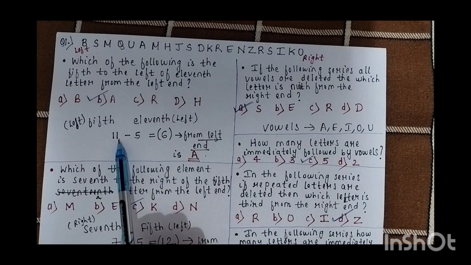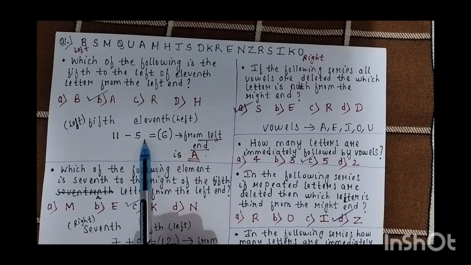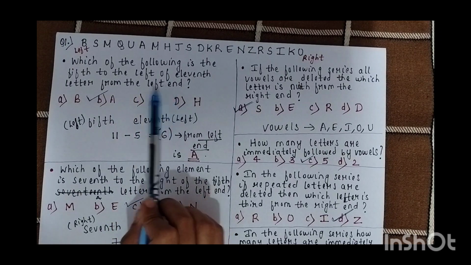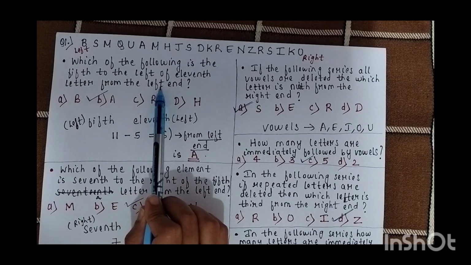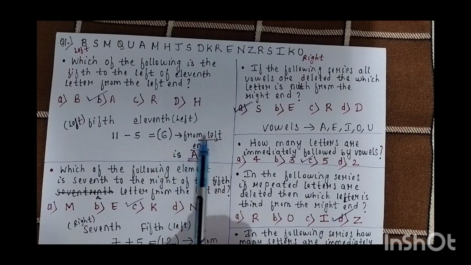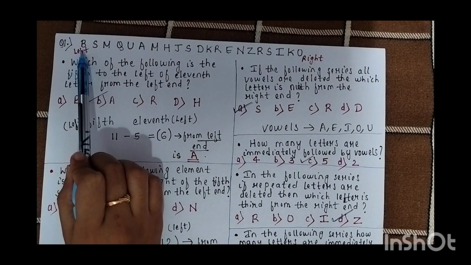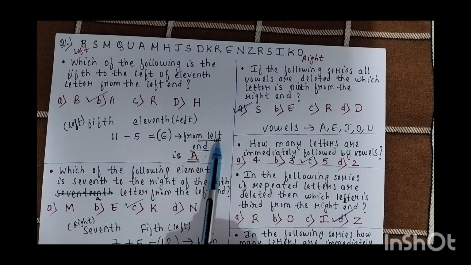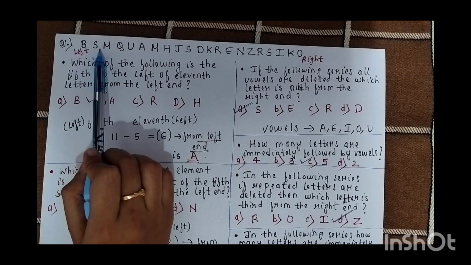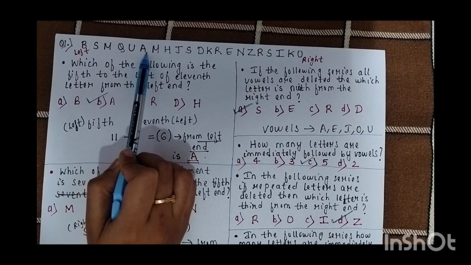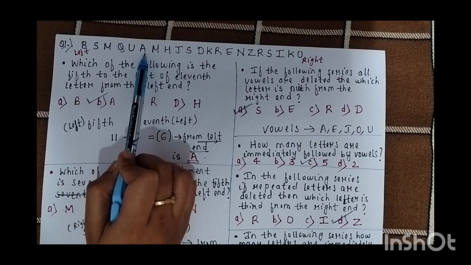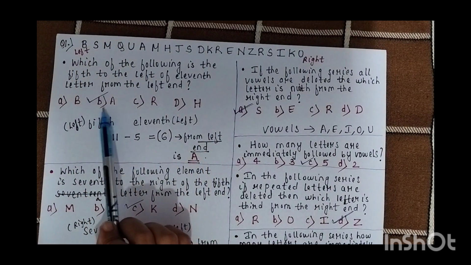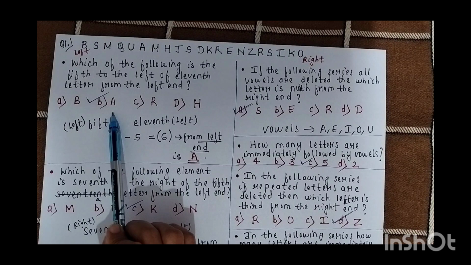So 11 minus 5 will give you 6. Sixth, from which end have they asked? From the left end. So sixth from the left end will be 1, 2, 3, 4, 5, 6. A is positioned sixth from the left end. So A is the answer to that question. So option B is the correct answer.